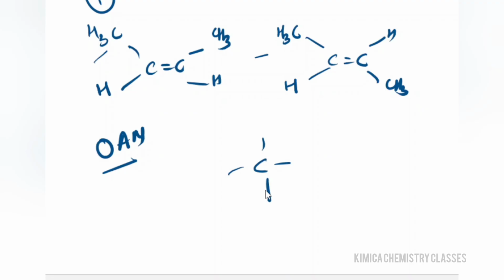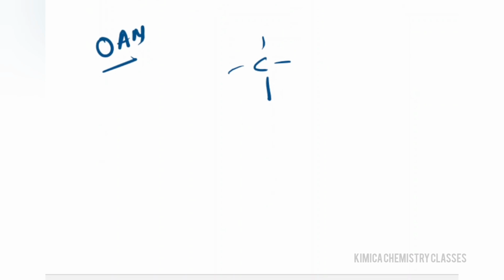Enantiomers means the optical isomers which are mirror images of each other. Next terms are dextrorotatory and levorotatory. Dextrorotatory we can represent by a positive sign, and levorotatory by a negative sign. A dextrorotatory isomer rotates the plane polarized light to the right, or in a clockwise direction.